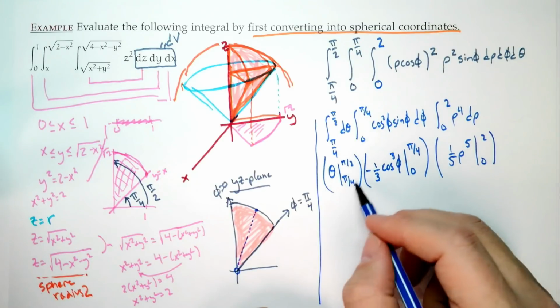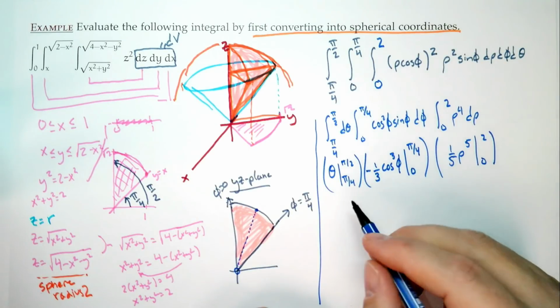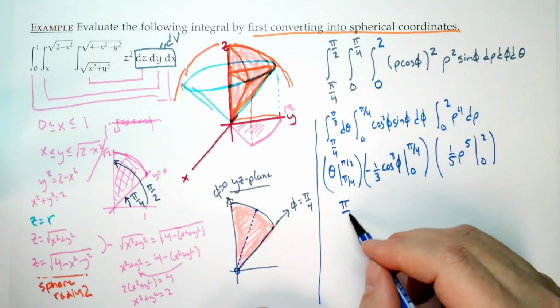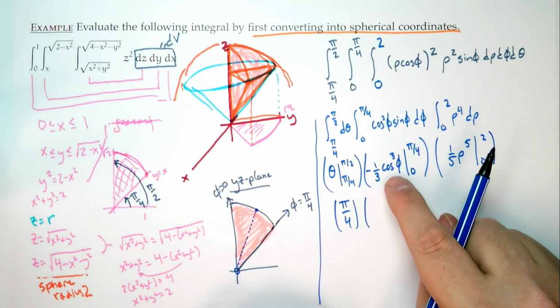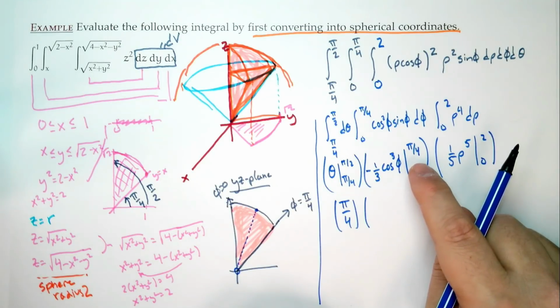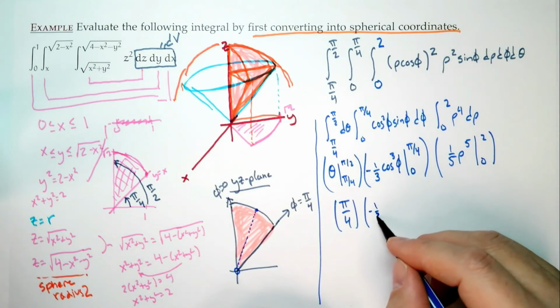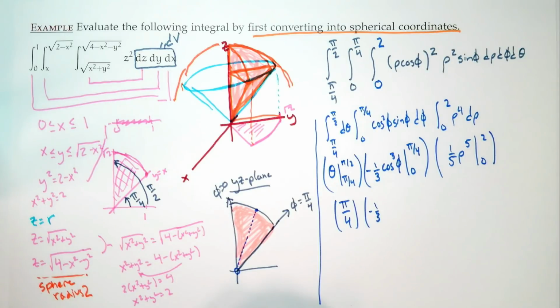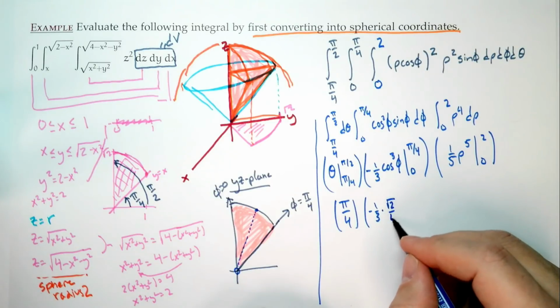So for the first one, that's actually not too bad to evaluate. It's pi halves minus pi fourths, which means you get pi fourths. Well, here, if you take cosine of pi fourths, you get square root of 2 over 2. Now, if you cube that, you're going to end up with the square root of 2 over 4.